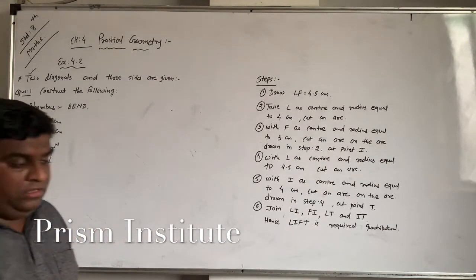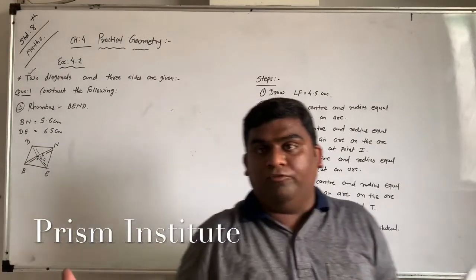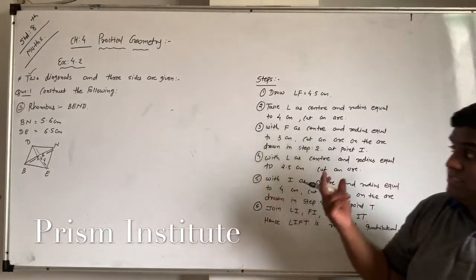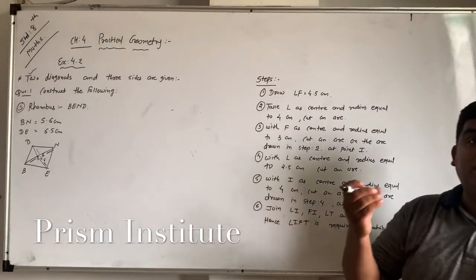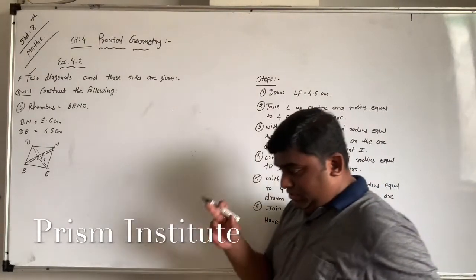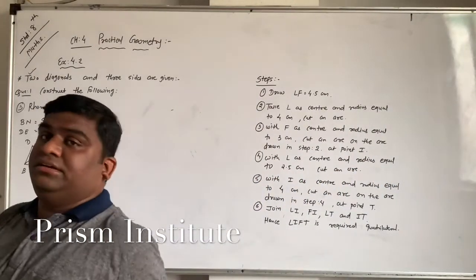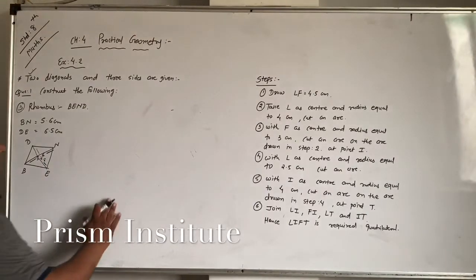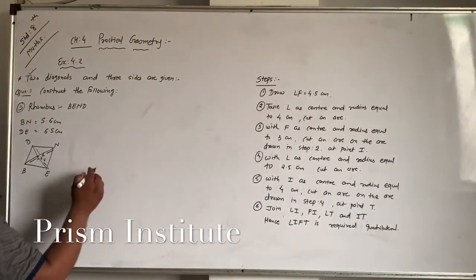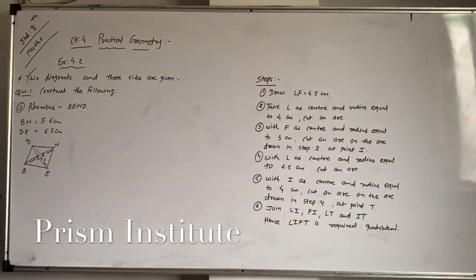How to draw this? Now just remember the property of a rhombus. In a rhombus we can say that the diagonals bisect each other. That means in a rhombus the diagonals are perpendicular bisectors of each other.